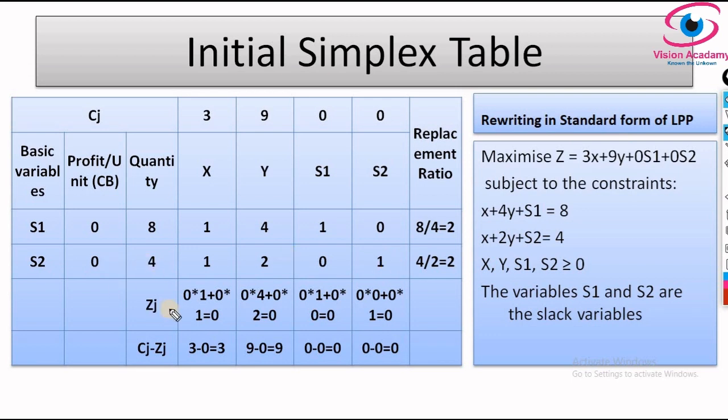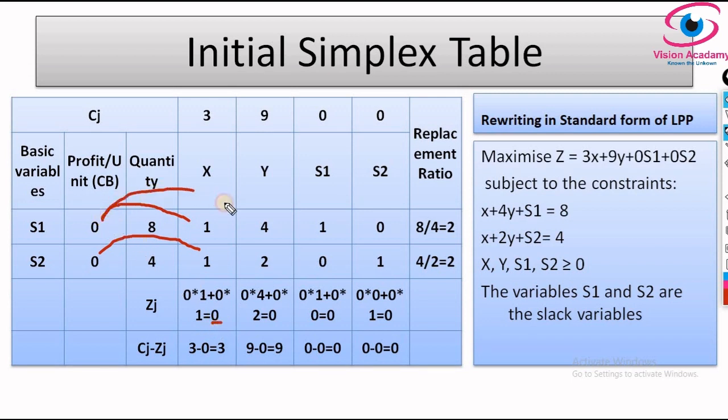After doing so, we will see the identity matrix. In the initial basic feasible solution there will definitely be an identity matrix, that is 1 0 0 1. After that we shall move on to the calculation of zj. For zj we will calculate 0 into 1 plus 0 into 1, which is 0.